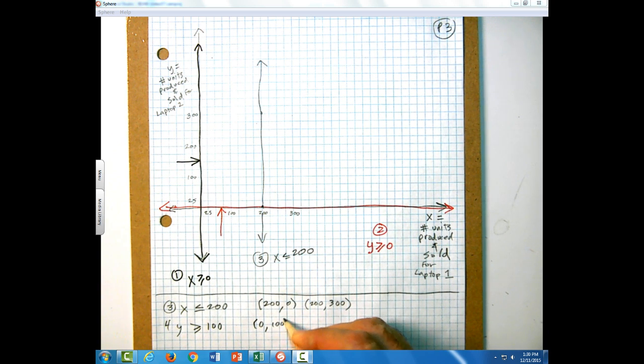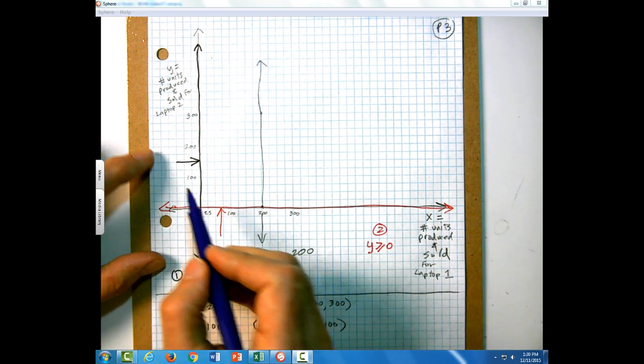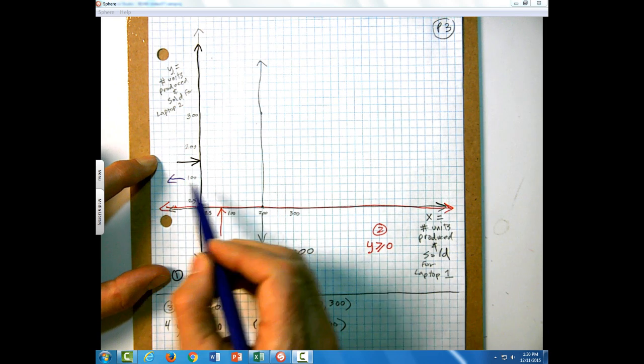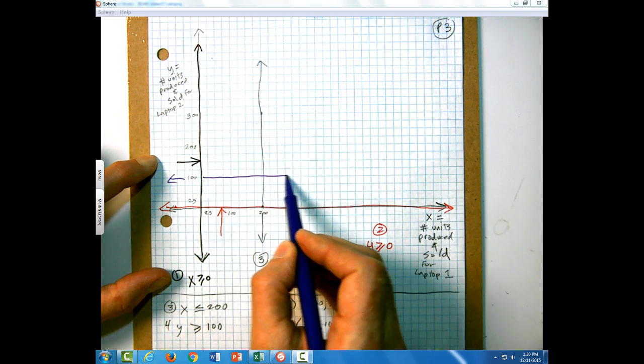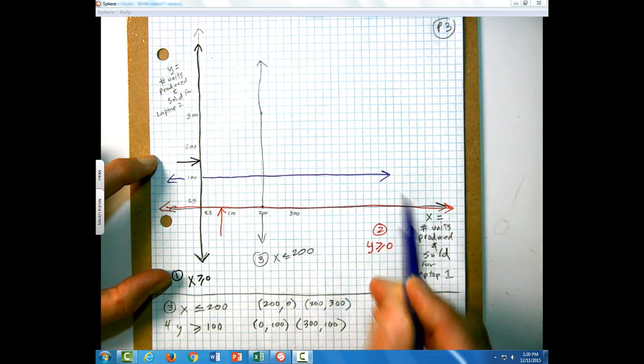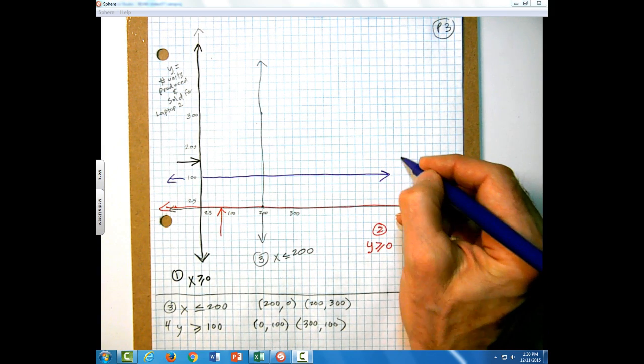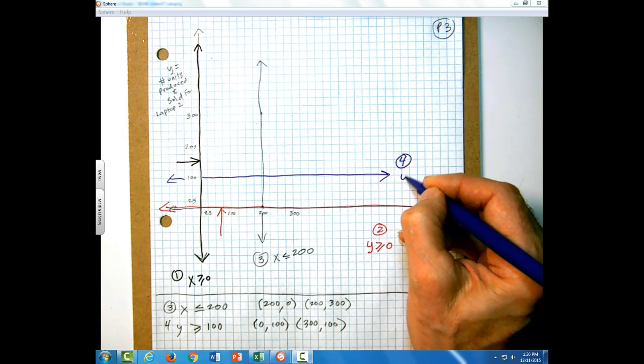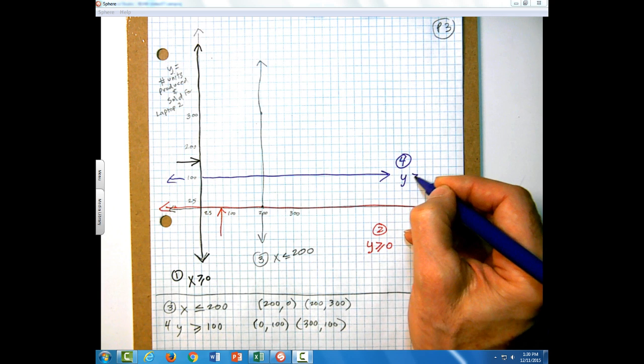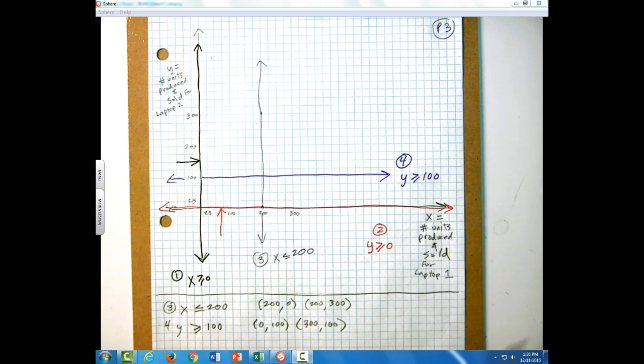Hey, 0 and 100, doesn't matter what x you throw in. I'm going to throw in a 300. I still get y equal to 100. And if I were to plot this, it would look something like this. And so this will be 4: y has to be greater than or equal to 100.